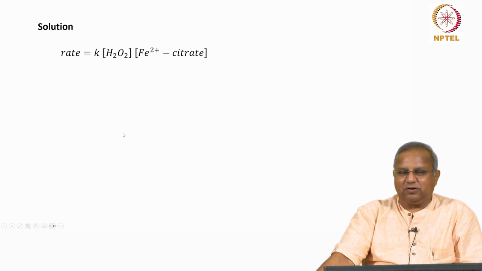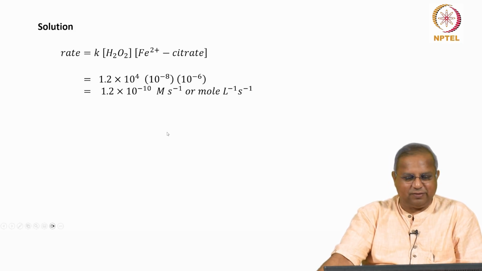We could have arrived at this through many ways. According to the definition of the rate, it's the rate constant times the concentration of hydrogen peroxide and ferrous citrate, in this case a second order rate constant, which happens to be 1.2 into 10 power 4.